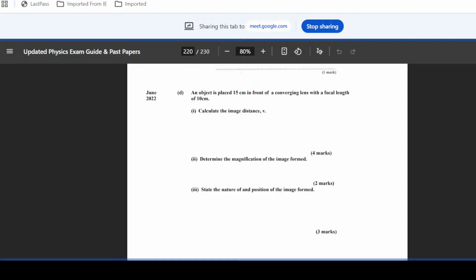And if you put the object between f and 2f, the image is going to be inverted, real, and magnified.